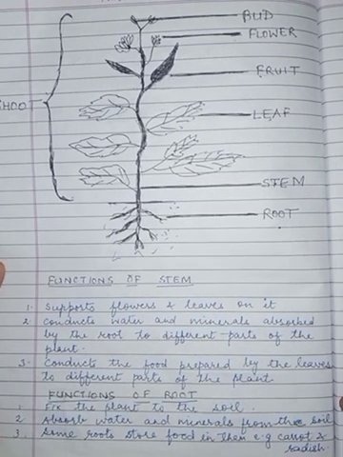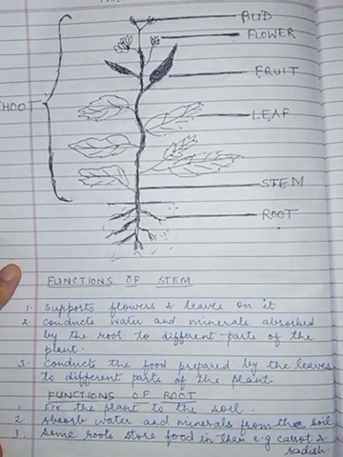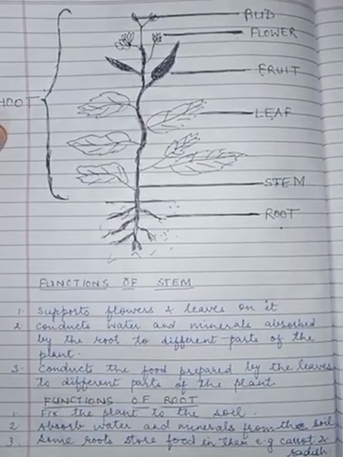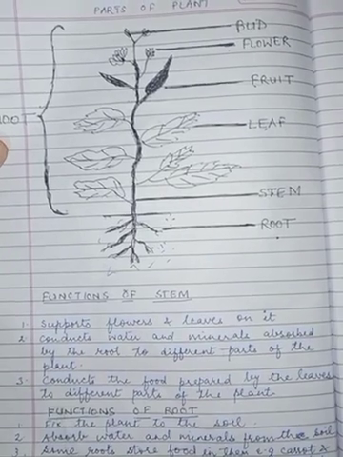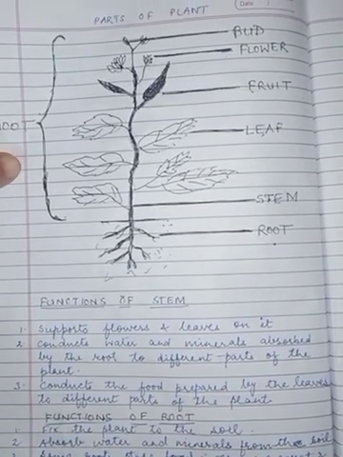Understood? Some of the roots like radish and carrot, they grow under the soil and they are the roots of the plant. So they store food. We eat carrot and radish or not? So they store food. These are the roots which store food.